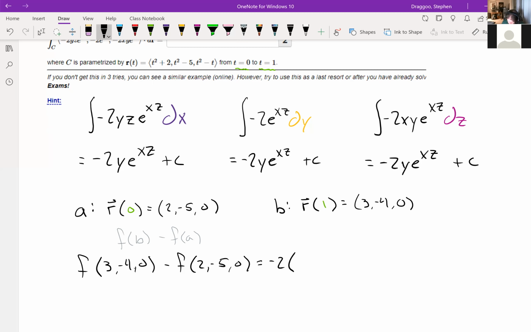Negative 2 times, if y is negative 4, times e to the 0, which is just 1. So negative 2 times negative 4, minus negative 2 times, if I plug in that point, again, the exponent on e is 0, so this is just negative 5. Comes out to 2.